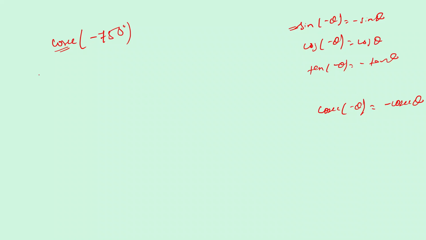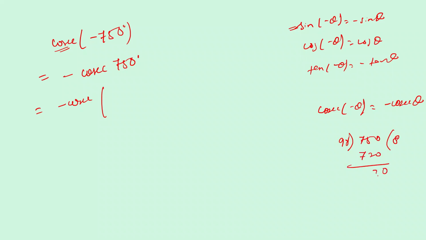So we can write cosec minus 750 as minus cosec 750 degrees. Now again we have to do that same thing. We will be writing this 750 as 90 into something plus minus something. So quickly divide 750 by 90. 9 ones are 9, 9 sevens are 63, 9 eights are 72. So 0 and then 30.